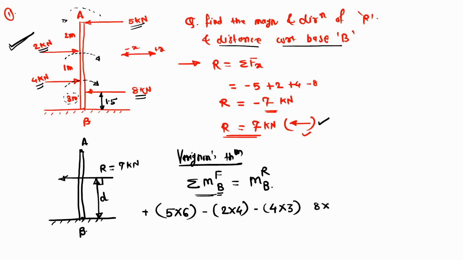Okay, so for 8 kilonewton, the distance is 1.5 meter with respect to the base point. So it is 1.5. And this moment for 8 kilonewton is in the anti-clockwise direction. So it is positive.